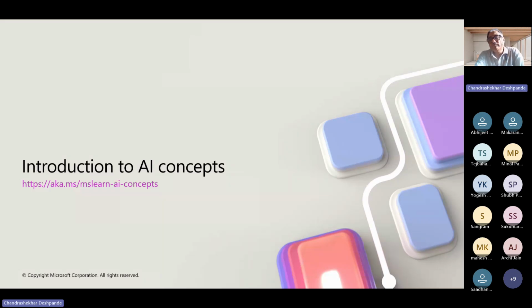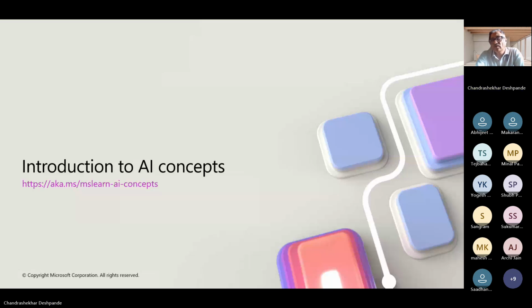AI-102 is a certification for developers, and it covers using C Sharp code and Python code. If you are from a development background and want to achieve expertise in developing AI services in your applications, you can go with AI-102.